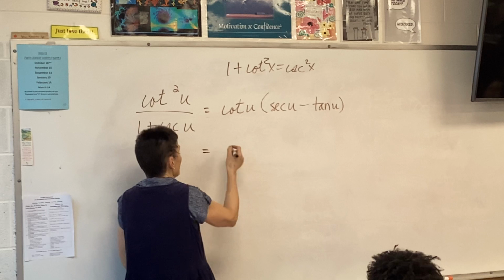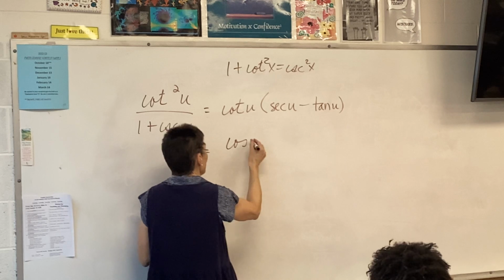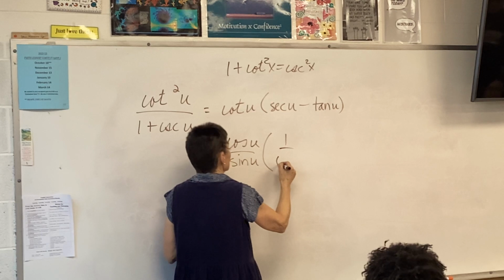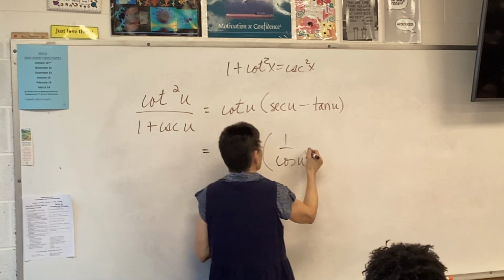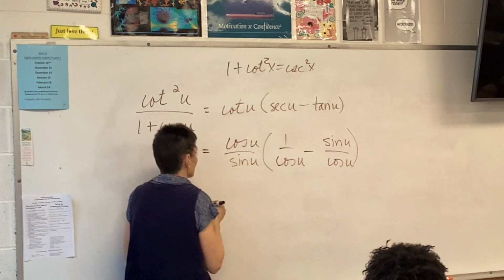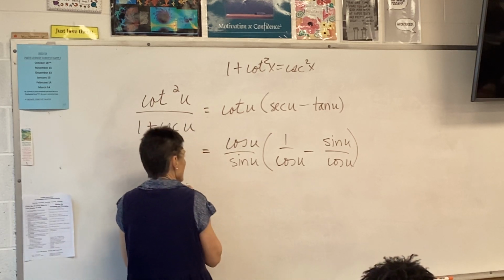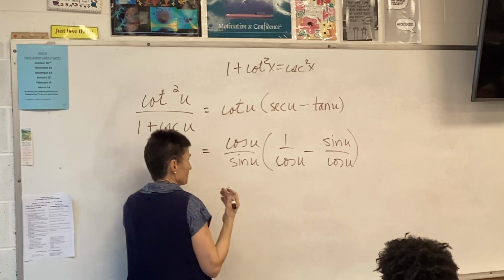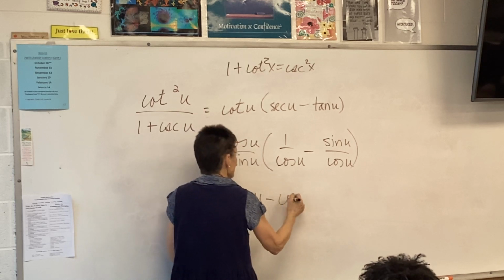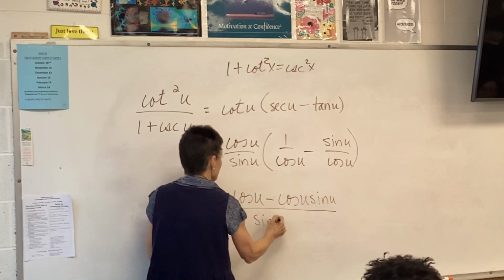Does that help us at all? Yes. So we have cosine over sine times 1 over cosine minus sine over cosine. All right, so if I distribute, I'm going to have cosine minus cosine sine all over sine cosine.